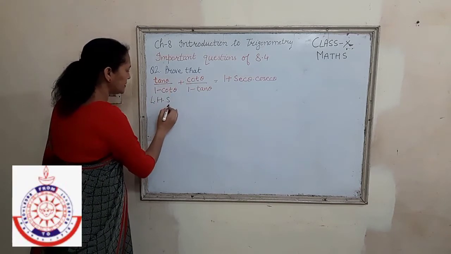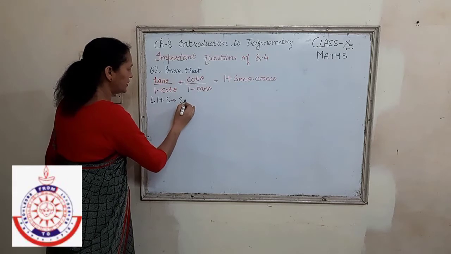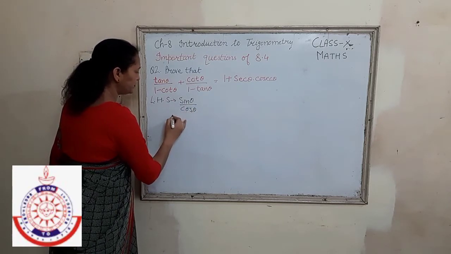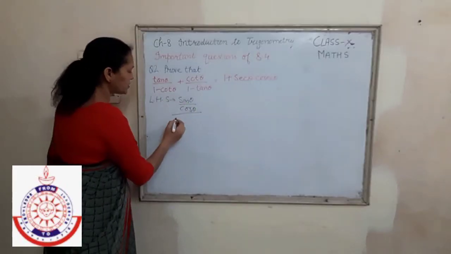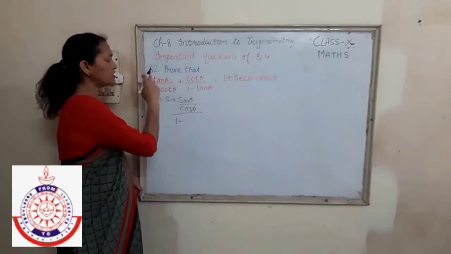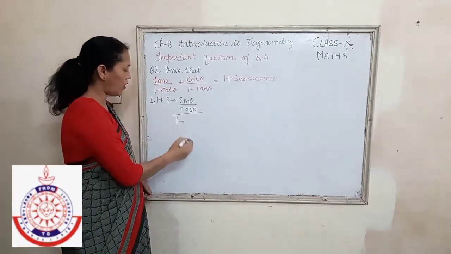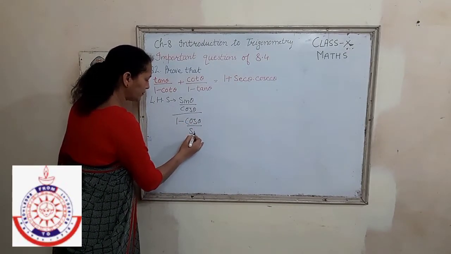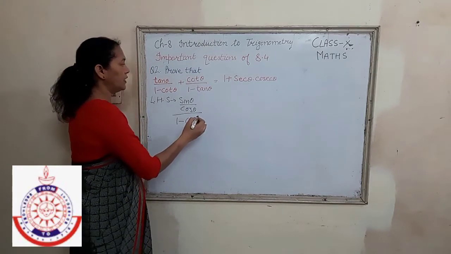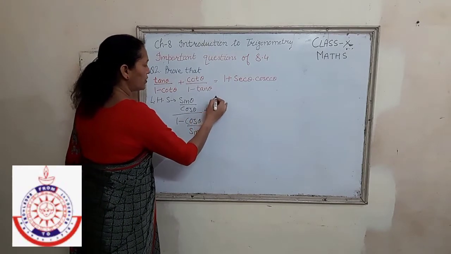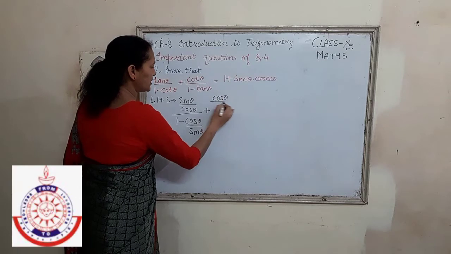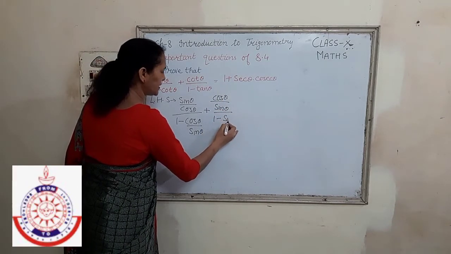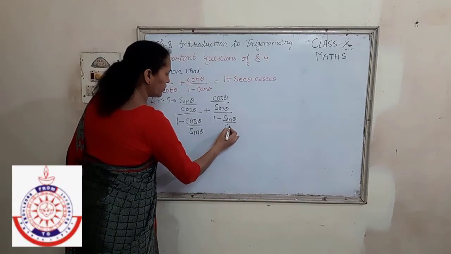Tangent theta means sin theta upon cos theta, over 1 minus cot. Cot is the reciprocal of tangent theta, so cot can be written as cos theta upon sin theta. Here, cot theta is cos theta upon sin theta, and 1 minus tangent. Tangent is sin upon cos.